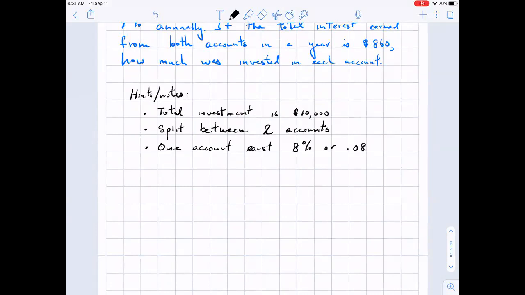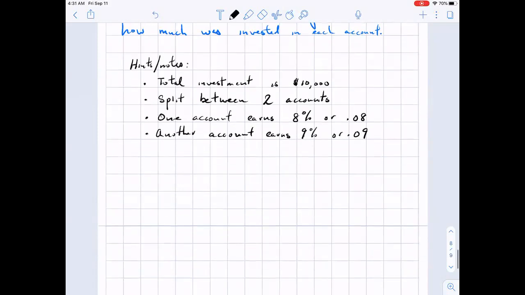Okay, the other account earns 9% or 0.09.